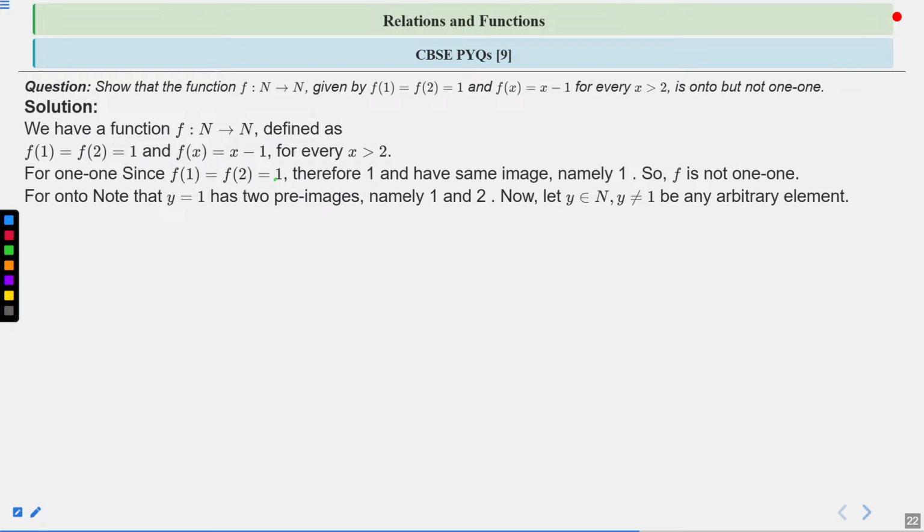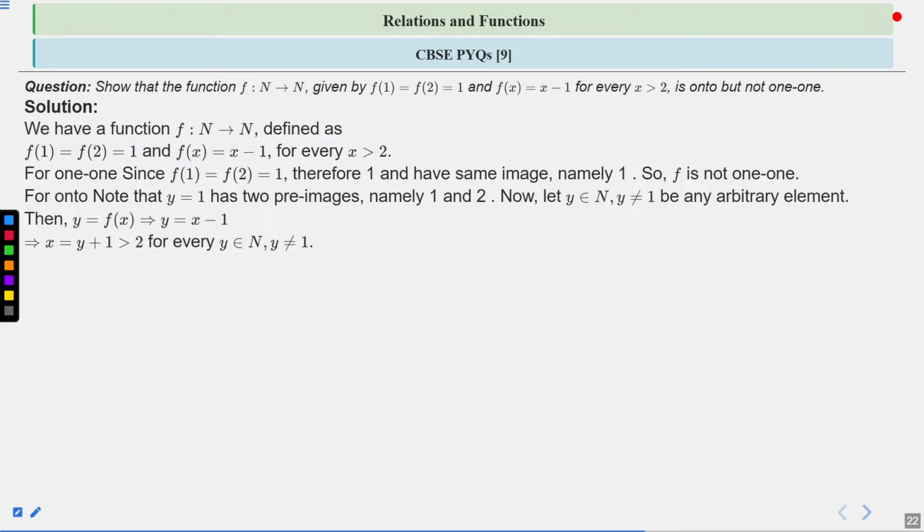Now let y belong to the natural numbers, and y not equal to 1 be its arbitrary element. Then y can be written as f(x), that is y = x - 1. So x will be equal to y + 1.